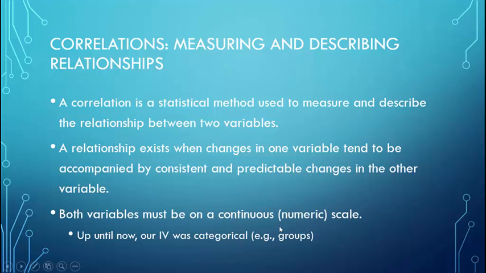That makes this chapter, Chapter 11, with correlation and regression, different from what we've done up until now. Up until now, we've had an independent variable that was categorical groups.